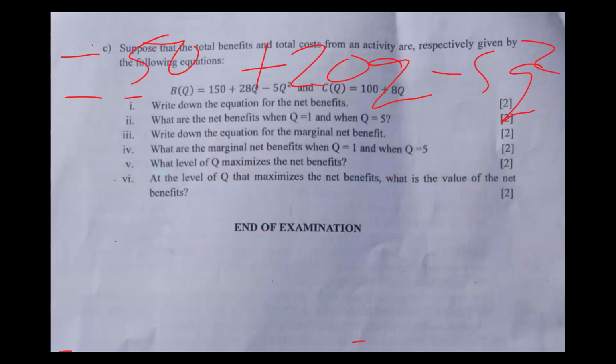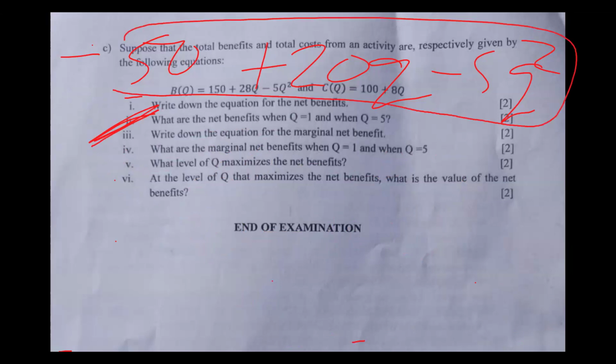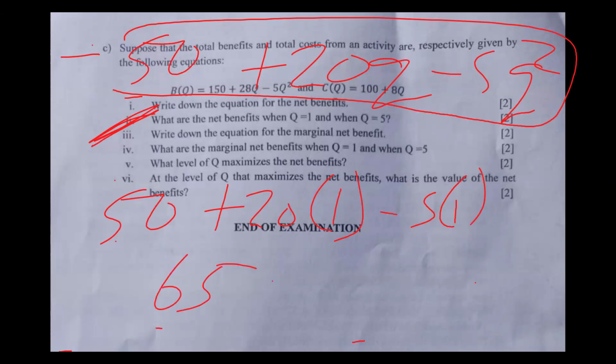So getting back to this one, you need to use the one that has not yet been differentiated, like this one. So this is where we put 15 plus 20 times Q1 minus 5 times 1, like that. So it will be 70 minus 5, which will be 65.